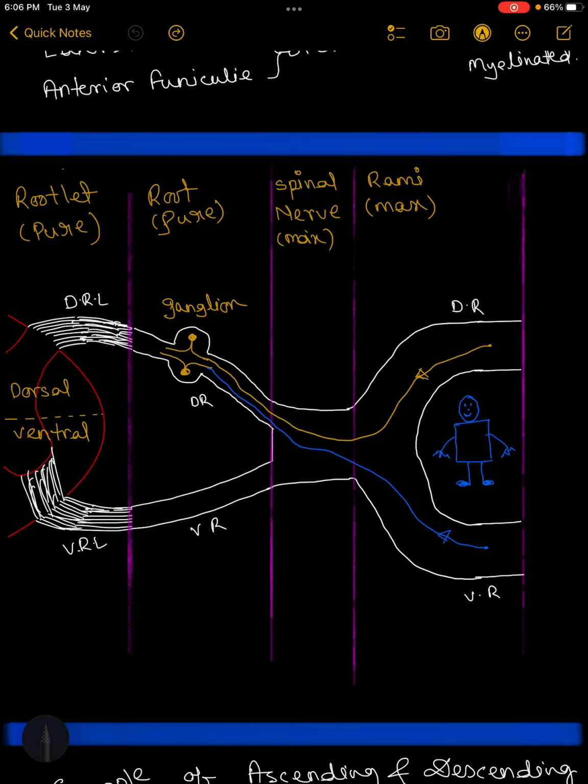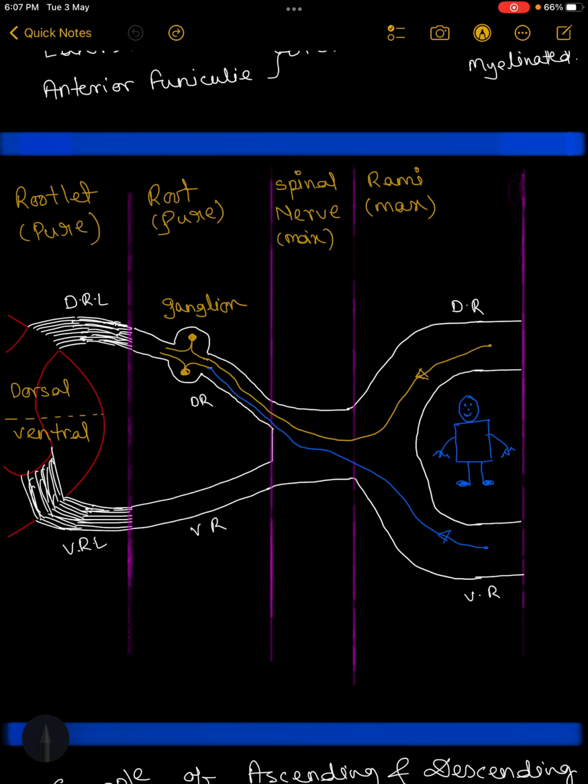This structure is known as rootlets. According to dorsal and ventral, we have dorsal rootlets and ventral rootlets, and these rootlets are pure because each has only one kind of sensation. Dorsal always carries the sensory information, and ventral always carries the motor information.